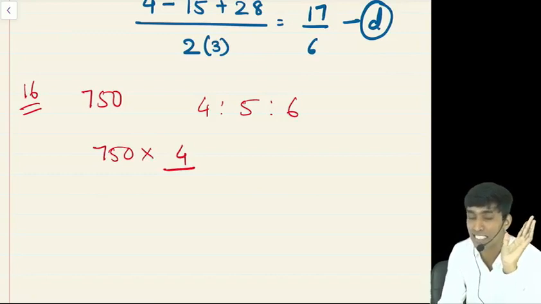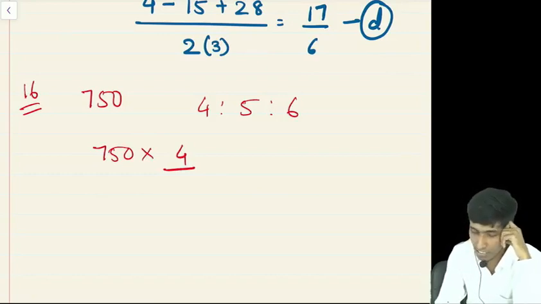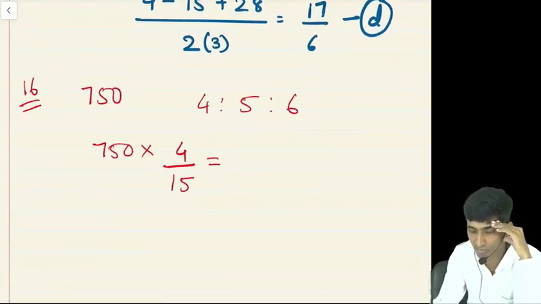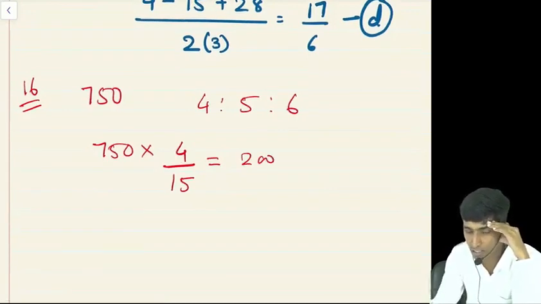Someone had a doubt here yesterday. 4 plus 5 plus 6, answer is what? 15. Check 750 into 4 by 15. How much? 200. Is it there in the option? Yes. Option is what?